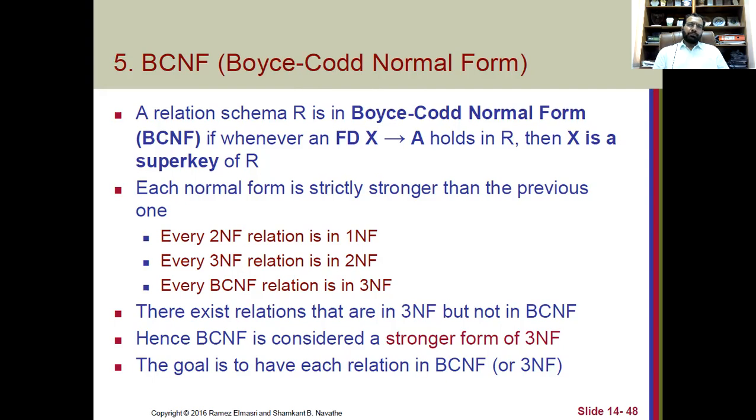There exist relations that are in 3NF but not in BCNF. Hence, you can say that BCNF is a stronger form of 3NF, or a special case of 3NF.